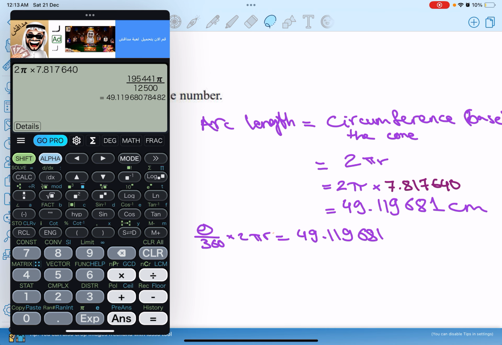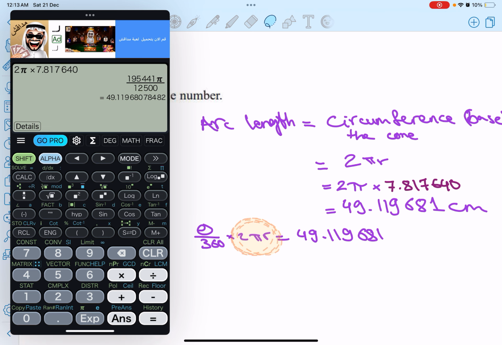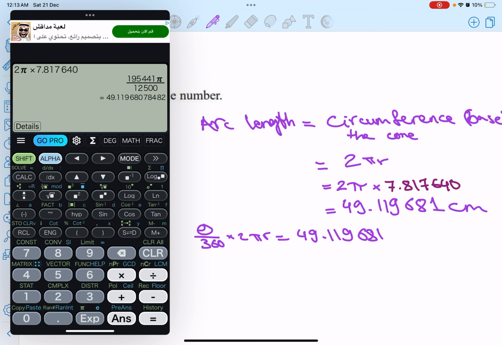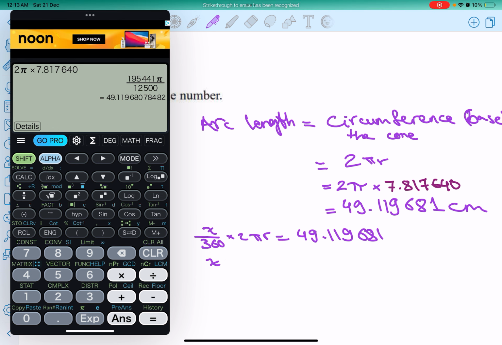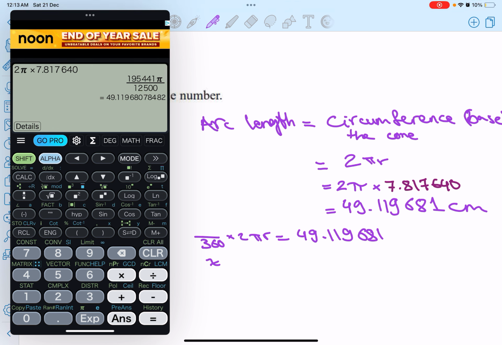This would be the circumference of the arc when we add 2r, which is when we need to find the perimeter of the total sector, but here I want to only find the arc length. So it's going to be x. You can write x directly, easier.